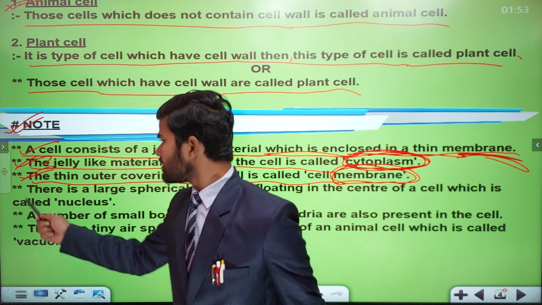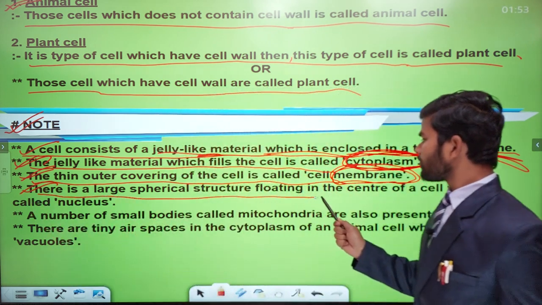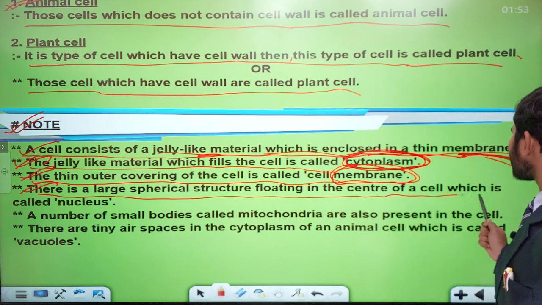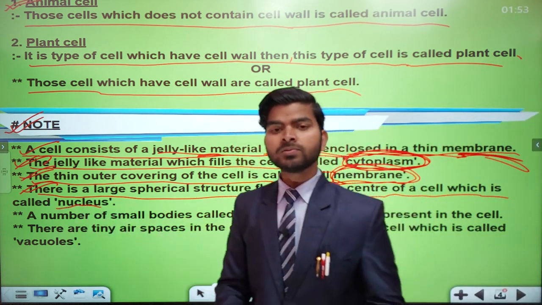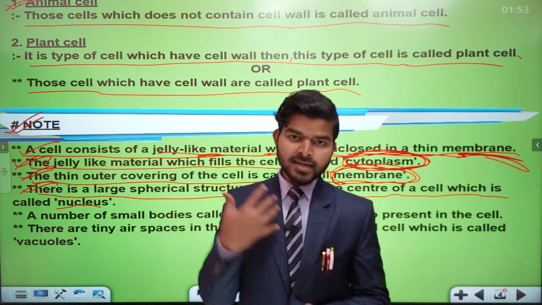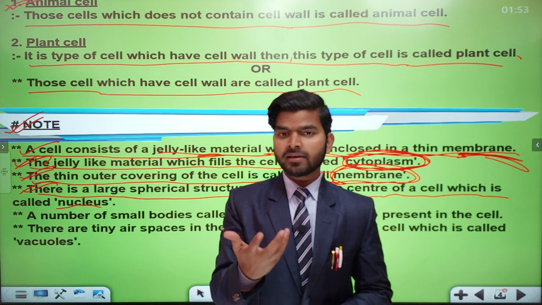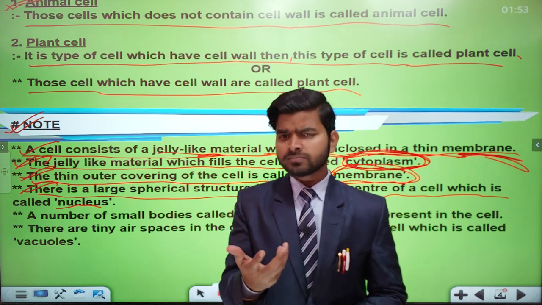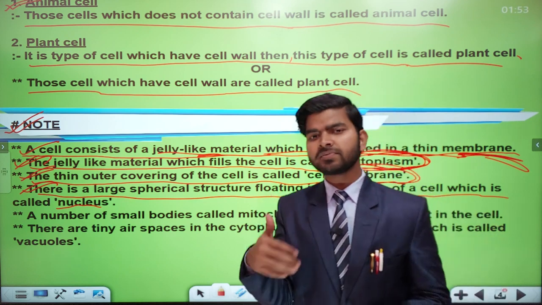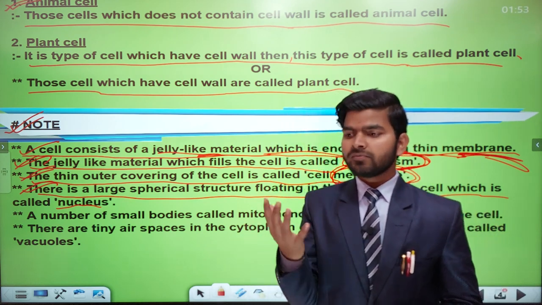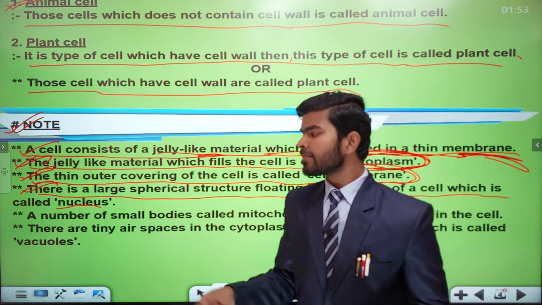Next one, there is a large spherical structure floating in the center of a cell which is called the nucleus. If someone asks you what is nucleus, you will simply say that inside a cell, in the center of the cell, there is a spherical ball-like structure which is moving inside the cell, and this is called the nucleus.